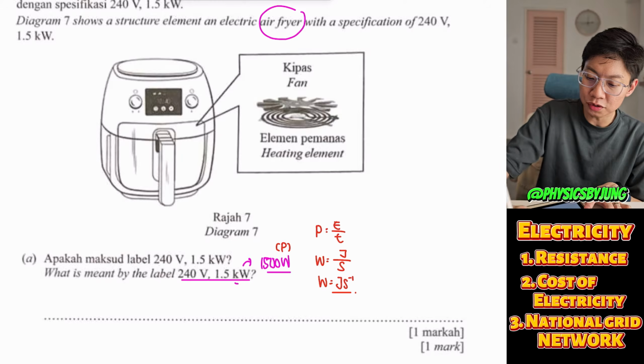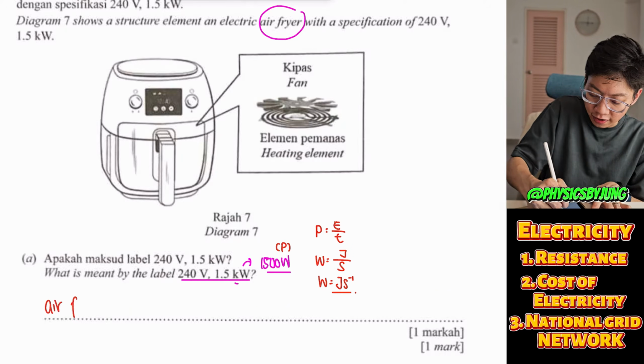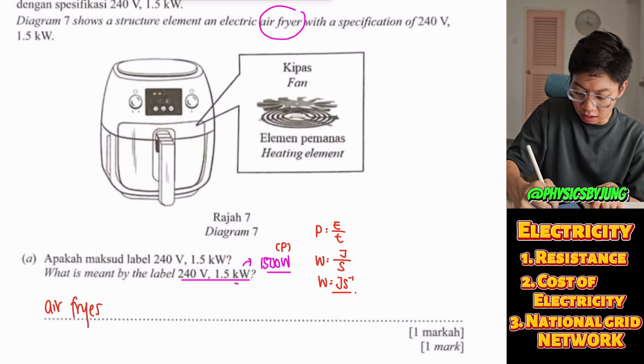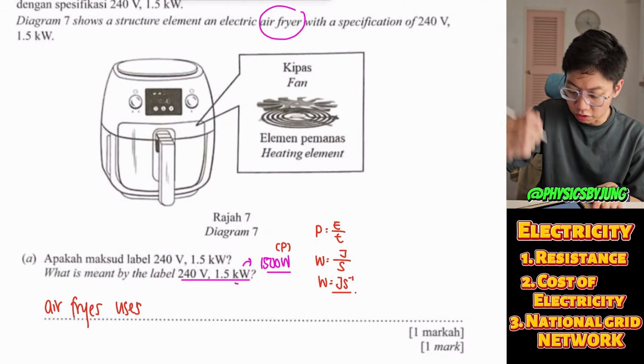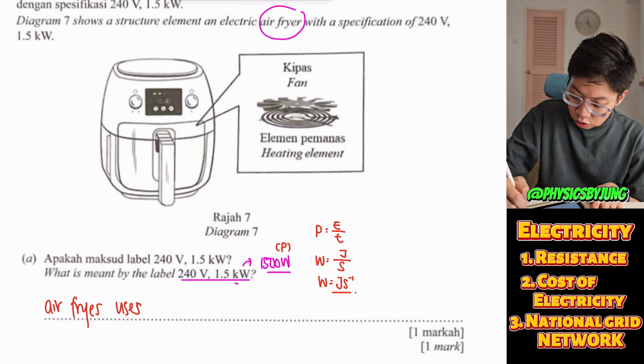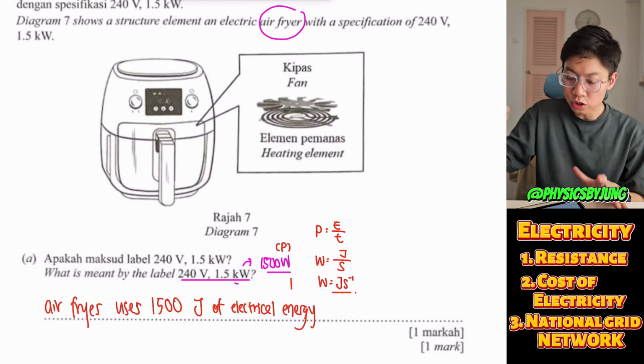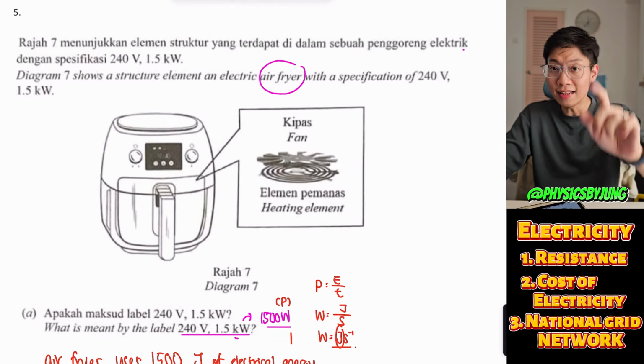Now, if you ask me what is the meaning of the label of this, usually how we will answer this question is that we will say that the air fryer, so I will start with the name of the electrical appliance, uses or requires 1500 joules of electrical energy. So we use the joule, then per second.